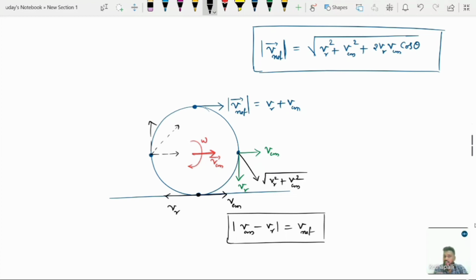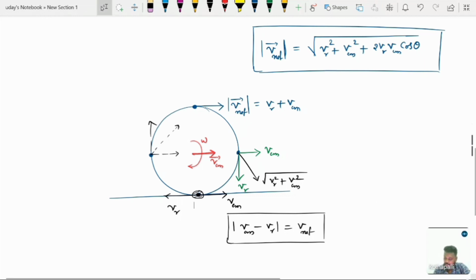Based on the net velocity at a point, we can conclude which type of rolling the body is undergoing. In rolling motion, based on the velocity of rotation and the velocity of the center of mass at the point of contact of the body, we categorize rolling motion into three types: rolling with forward slipping, rolling with backward slipping, and pure rolling motion.